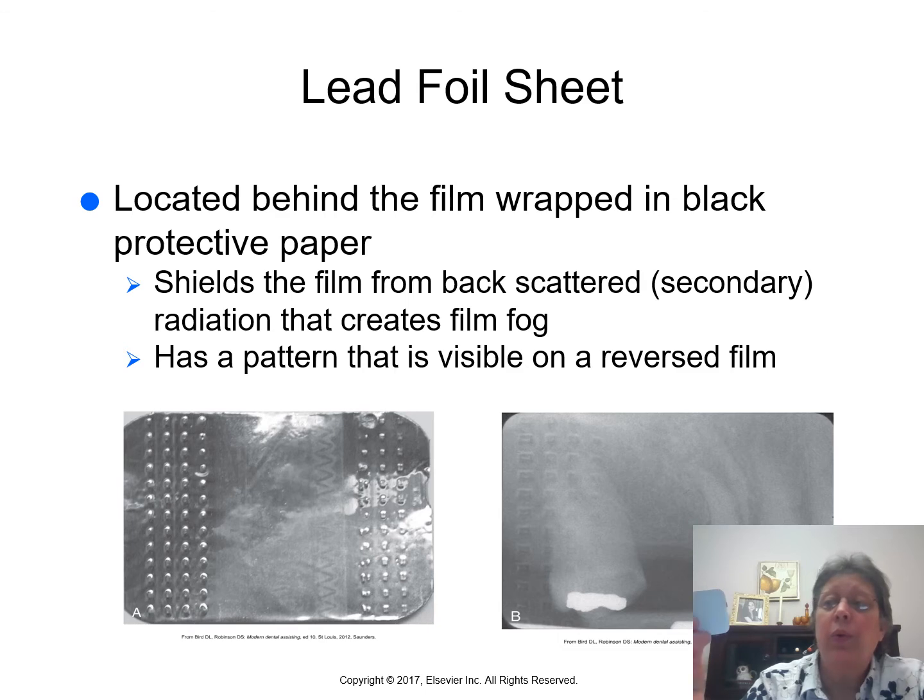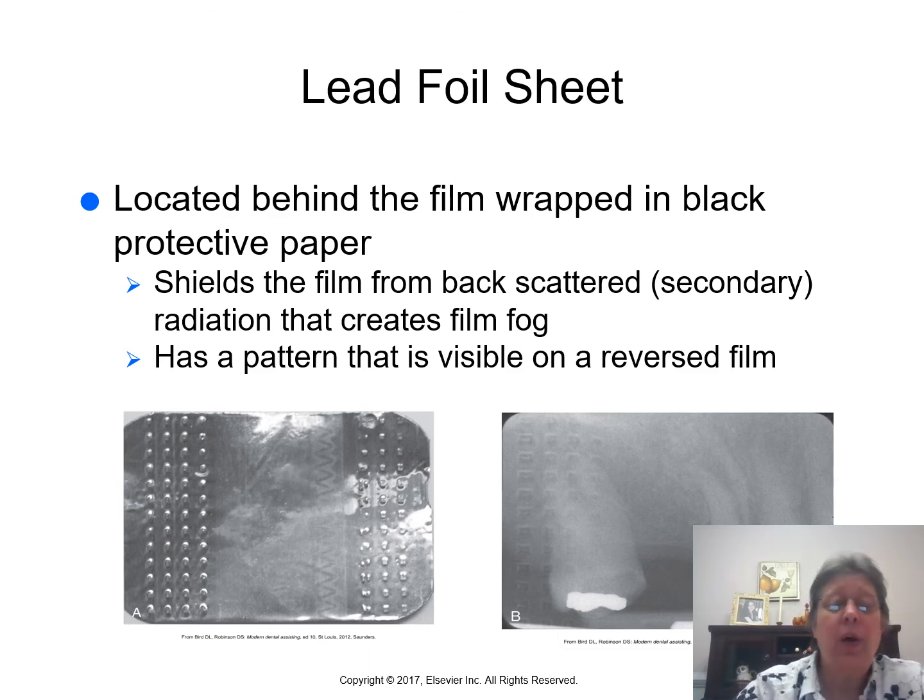It moves through the black paper. It exposes the film, and then the lead foil helps to contain the radiation or stop what we call secondary or backscatter radiation. If we don't have something to help contain it, then the radiation keeps traveling through. So we don't want that.